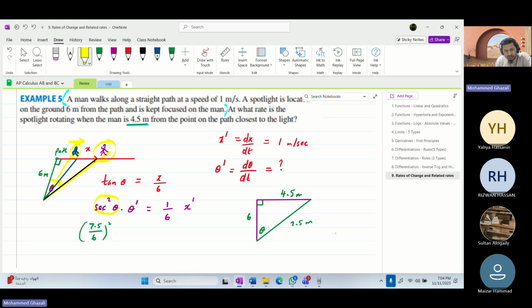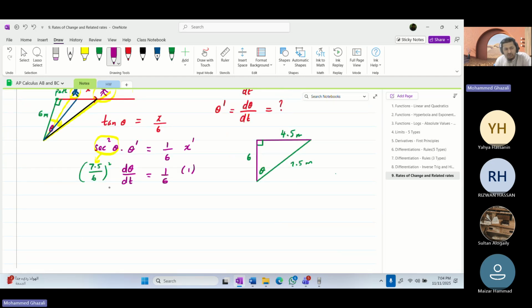This part is sorted out, right? We want to find theta prime. So d theta over dt equals 1/6 x prime. What is x prime? x prime is just 1. So now problem solved. Take 1/6 and divide it by 7.5 squared over 6.